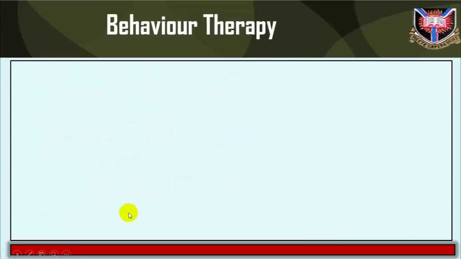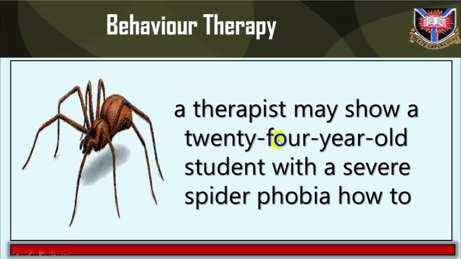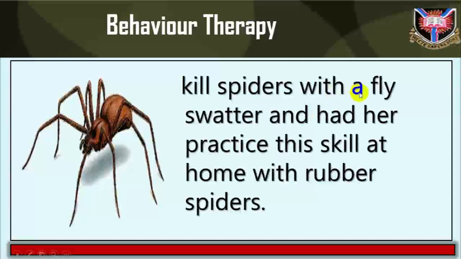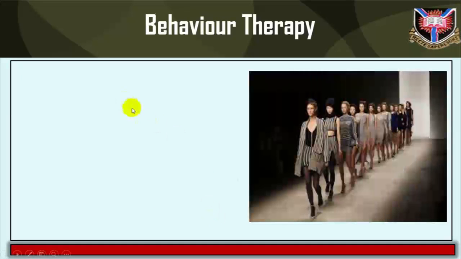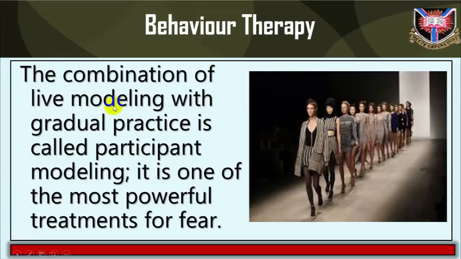For example, a therapist may show a 24-year-old student with a severe spider phobia how to kill spiders with a fly swatter and have her practice the skills at home with rubber spiders. The combination of live modeling with gradual practice is called participant modeling. It's one of the most powerful treatments for fear.